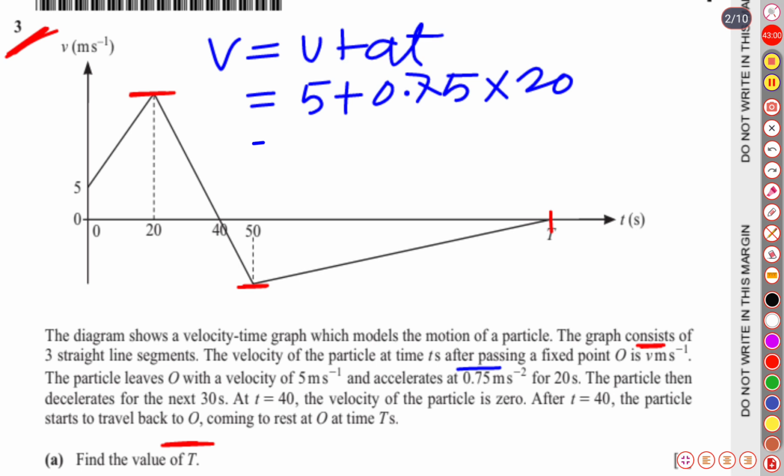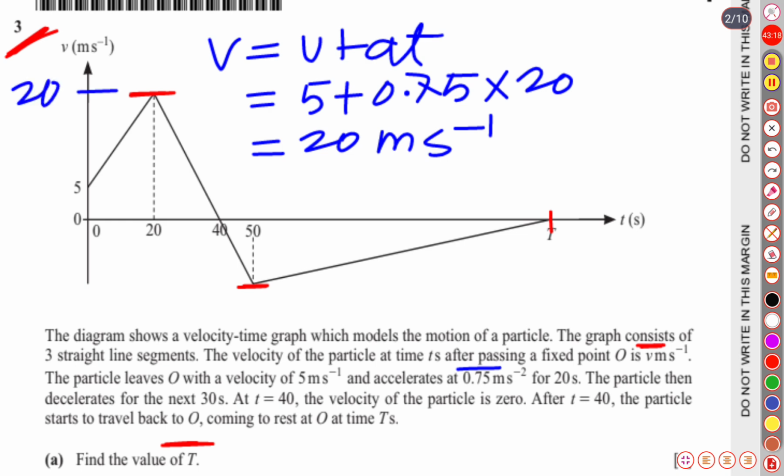So the velocity is going to be 5 plus 15, which means 20 meters per second. 20 meters per second is the velocity at the first 20 seconds. Let us write here, it is going to be 20.